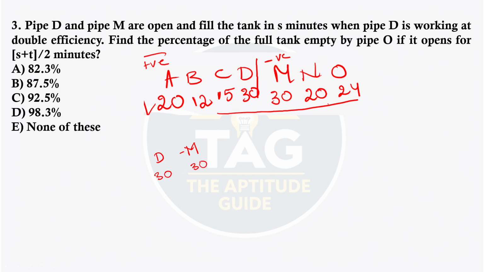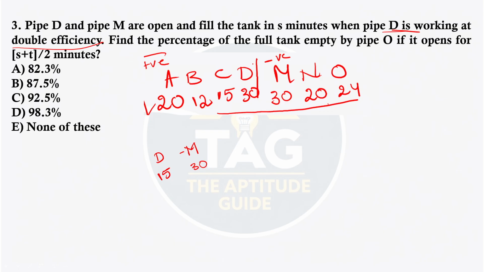Tank will not be filled. Did I miss anything? Pipe D is working with double efficiency, that's given here. So when the efficiency is double, time will be half. So D can fill the tank in 15 minutes, M can empty the tank in 30 minutes.